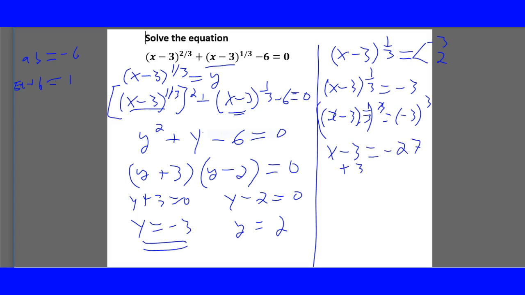If we add 3 to both sides, remember we're in college algebra here, so we gotta review some basic concepts from intermediate algebra, that gives us -24.